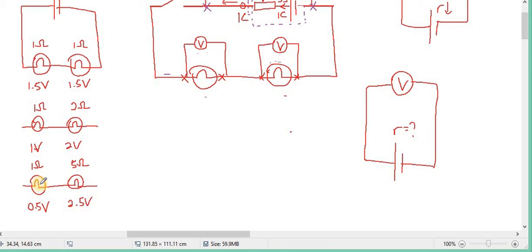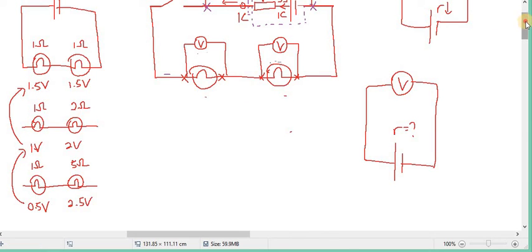The other way around is also the same. If I decrease the resistance of the second bulb, if I change it into a bulb with lower and lower resistance, that means the voltage of the first bulb will get higher and higher, you see or not? Going from 0.5 to 1, from 1 to 1.5 volt.